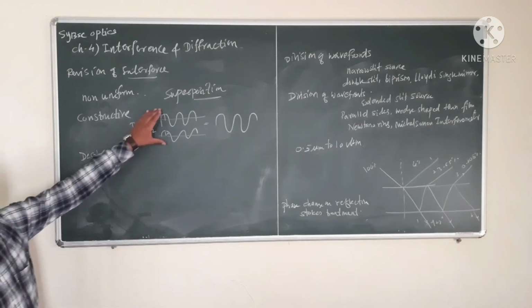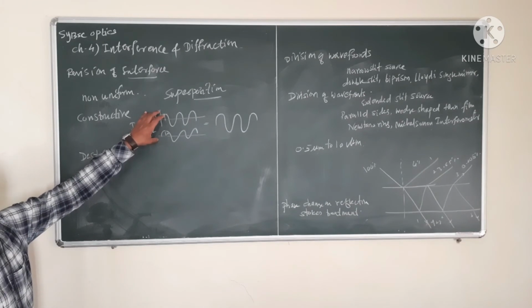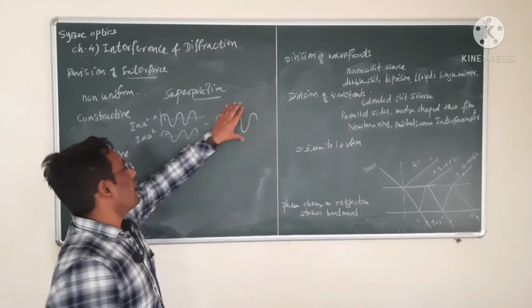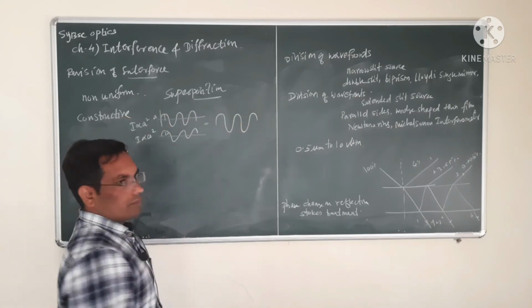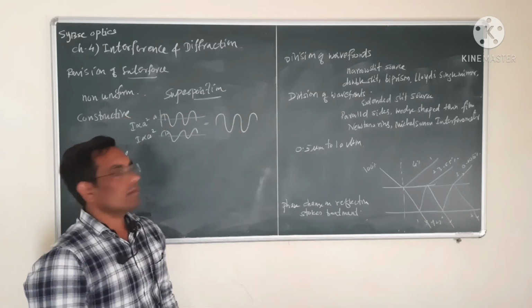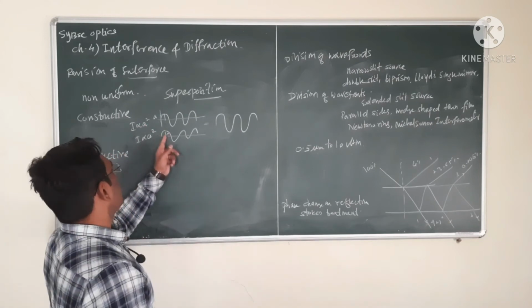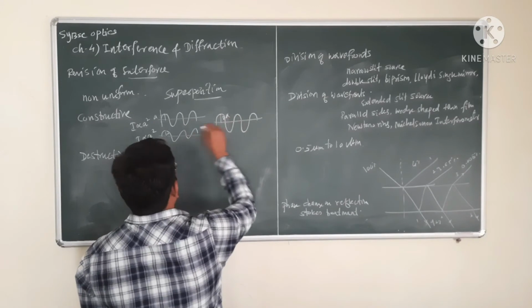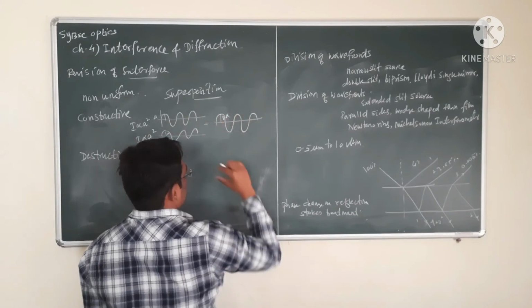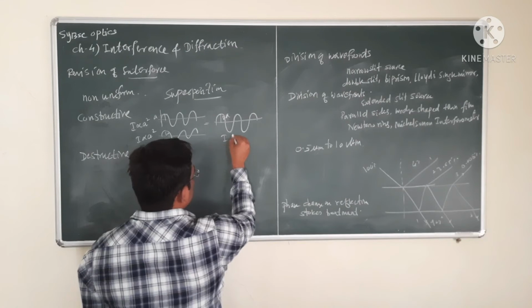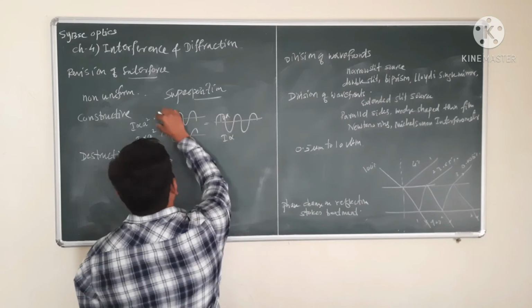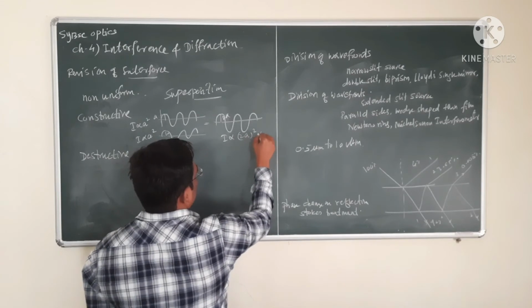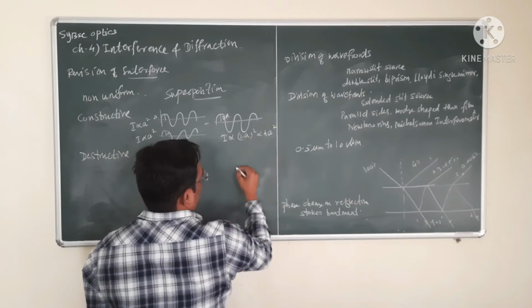Now if you add these two waves or superimpose these two waves, the resultant wave has amplitude 2a, because amplitude is a, so here this amplitude and this amplitude add. But you know that intensity is proportional to square of amplitude, so it is proportional to (2a) square, so that is proportional to 4 into a square.